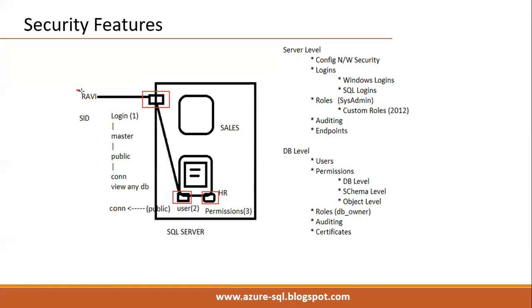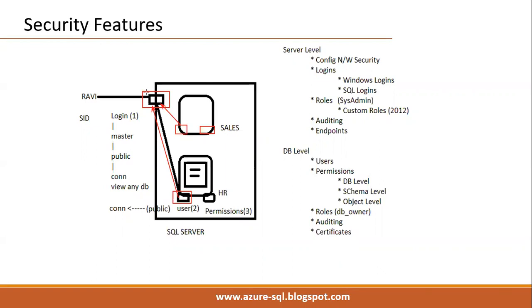Check here. I want to allow Ravi to work with two databases, the HR database tables plus the sales database tables, for example. In that case, remember, after creating a login, I will create a user in the HR database and grant the permissions. Again, create a user in the sales database and grant the permissions. Check it: one login is required, two users are required.